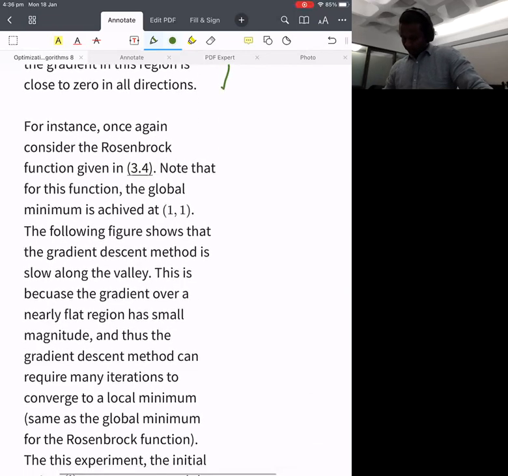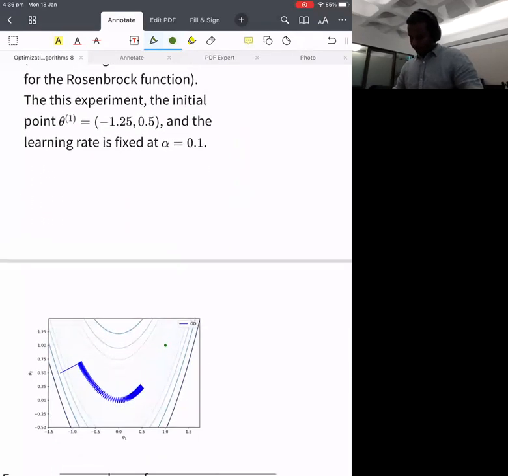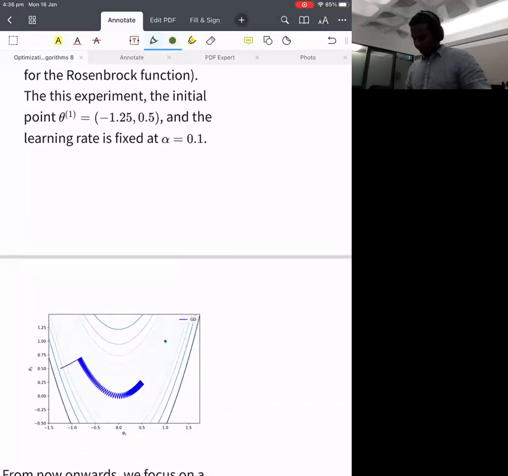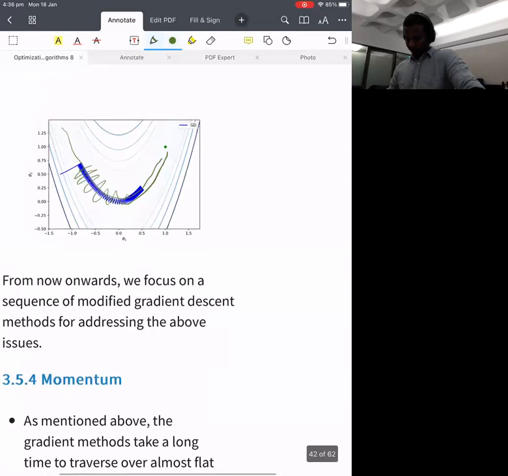Again, we illustrated with the Rosenbrock function, and we can see that if you apply gradient descent, even though the valley is like this, one would like to have an algorithm which somehow understands this valley and goes along it rather than jumping around this point, and that is what gradient descent does. So we want to be a little bit smarter on this.